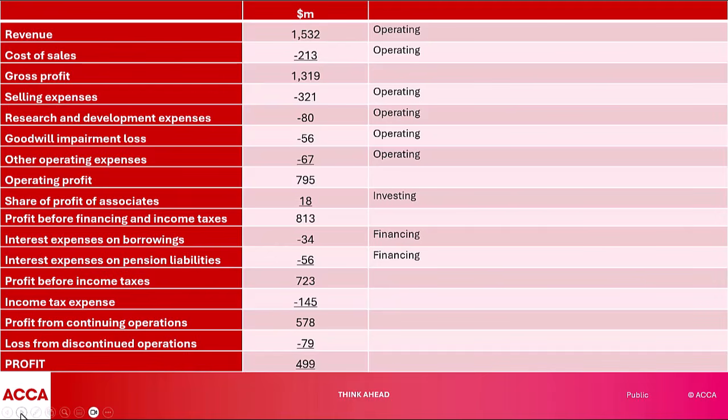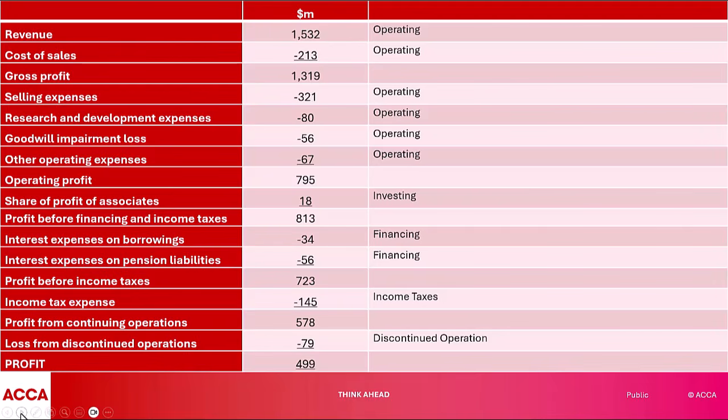Alongside that would be income from investment properties, depreciation on investment properties, profit or loss on the sale of investment properties, whatever in the investing activity. Then you have the financing activities. And then finally, of course, you have income tax and discontinued operations. And they appear a little bit more to the surface and obvious because they say income tax and discontinued.